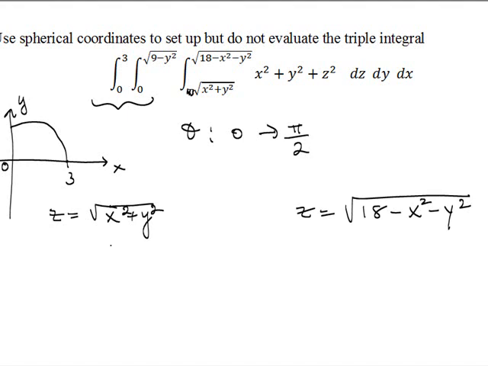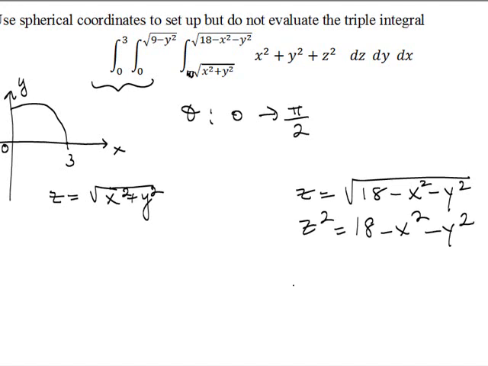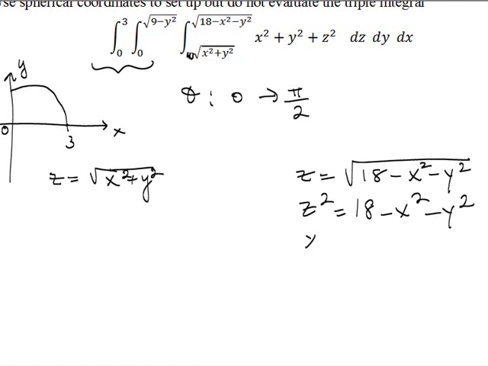Now, if we deal with this thing on the left, it's not going to get us anywhere, because what we want to find is rho. Good? So let's try the one on the right. When you square both sides, you get that z squared is 18 minus x squared minus y squared. So x squared plus y squared plus z squared equals 18.